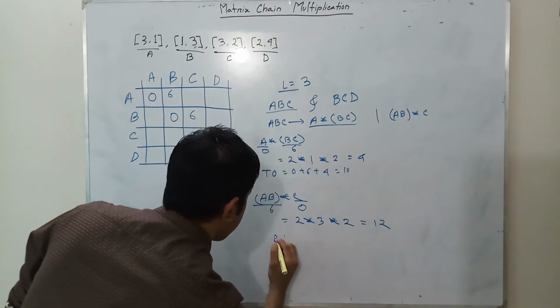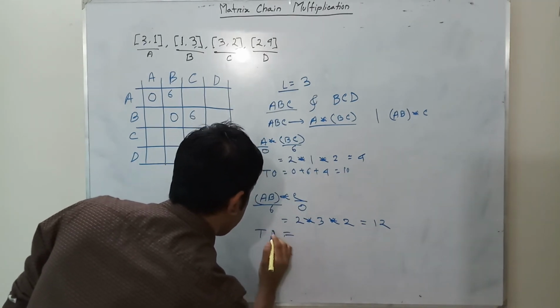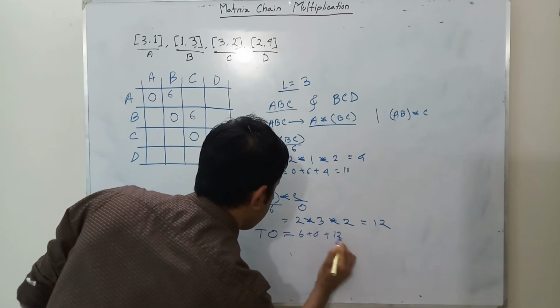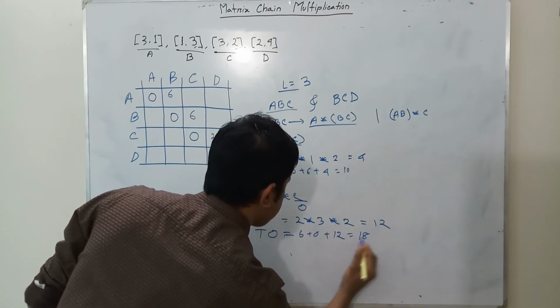So the total number of operations we need here is 6 plus 0 plus 12 equals 18.